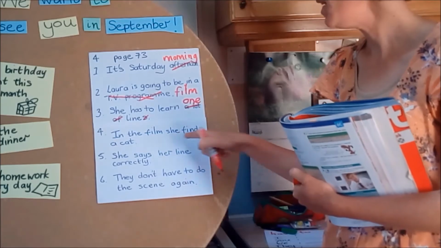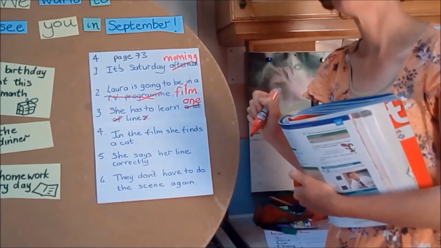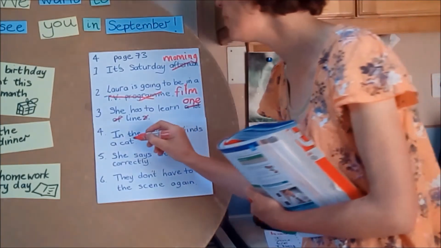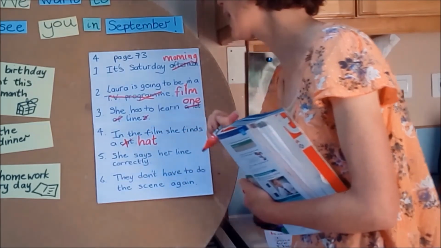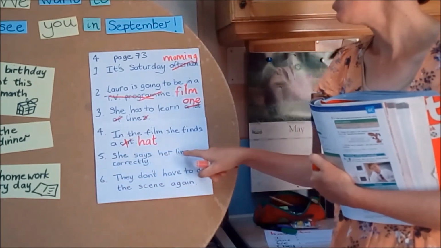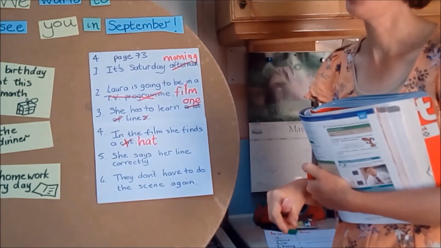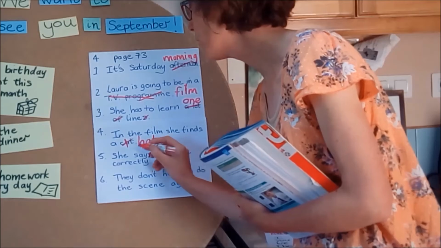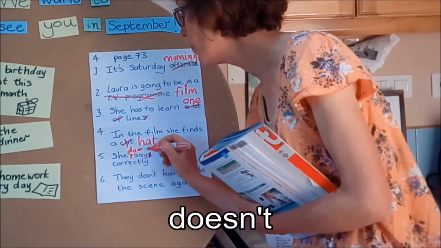In the film, she finds a cat. What does she find in the film? In the story, she finds a hat. Not a cat, but she says cat. She says her line correctly. No, she doesn't, does she? So should we make this negative in here?